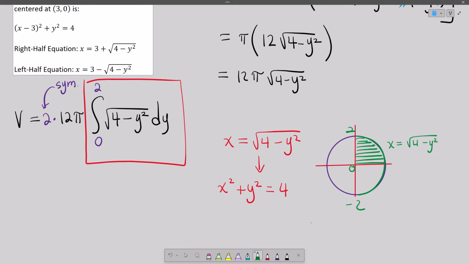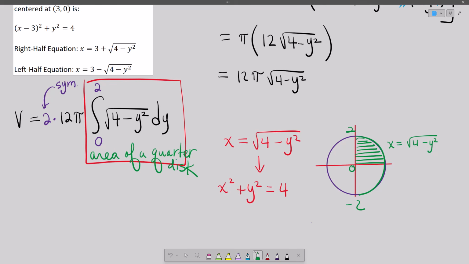So this integral is representing a quarter disk. This is representing the area of a quarter disk. That's what that integral represents. It's finding the area right there.